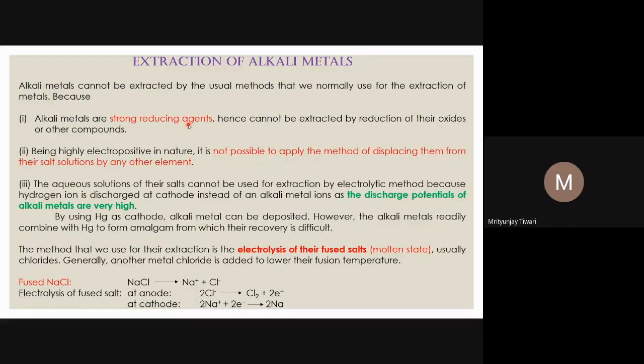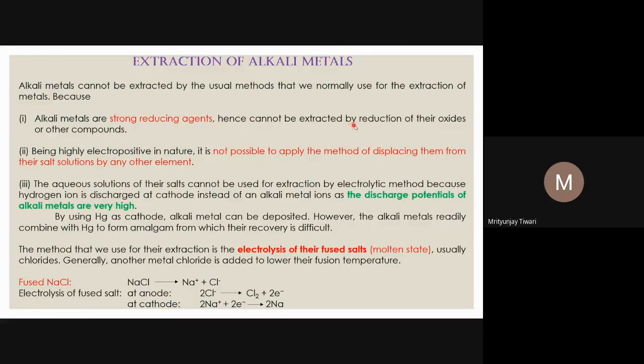So if you want an alkali metal to get extracted, and it is there in the form of a chloride, halide, or oxide, the metal is there in the form of a cation. That cation has to accept electrons to get converted into the pure metal, and that is not very easy.